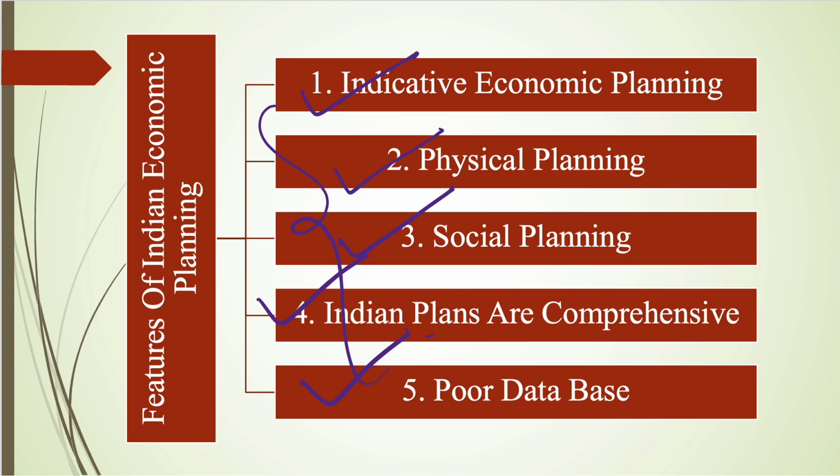Third is social planning. Social planning means it is based on agriculture, farmers, and special classes of the country. Fourth is Indian plans are comprehensive. It generally covers all the related sectors of the Indian economy. And the last is poor database. Generally, it does not cover all the data related to Indian economic planning.